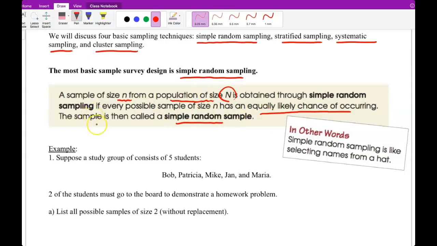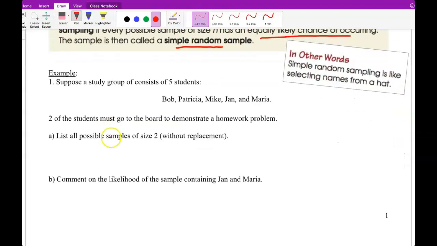to be our sample. Now example number 1: suppose a study group consists of 5 students. Here we have 5 students, and a list of their names. 2 of these students must go to the board to demonstrate the homework problem.